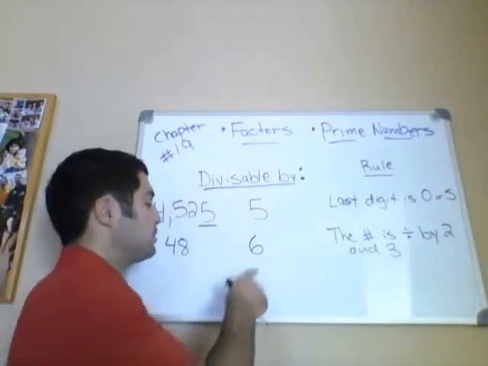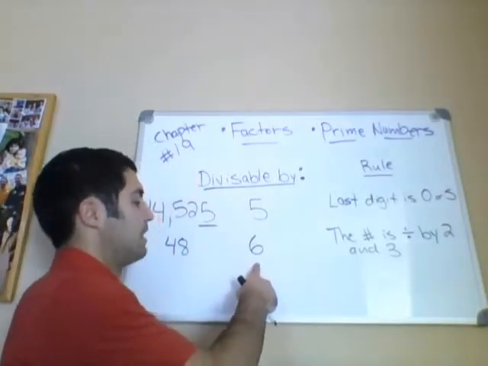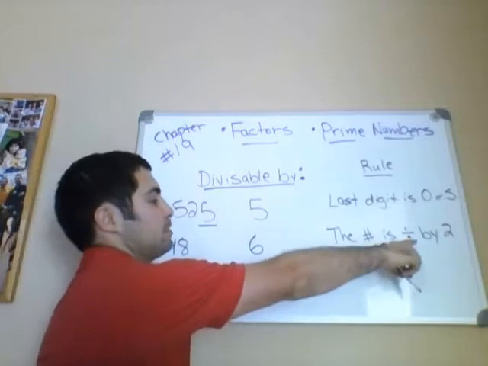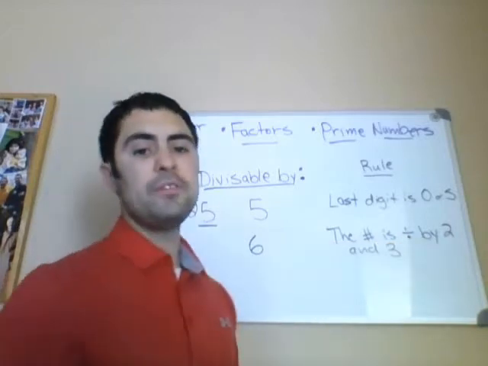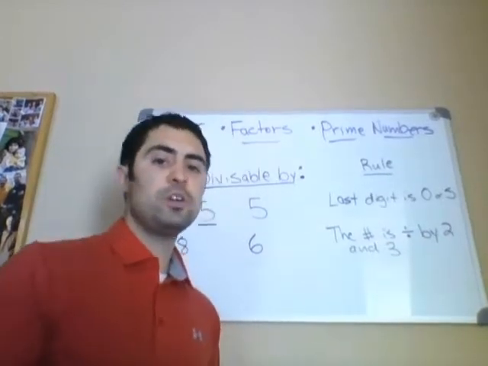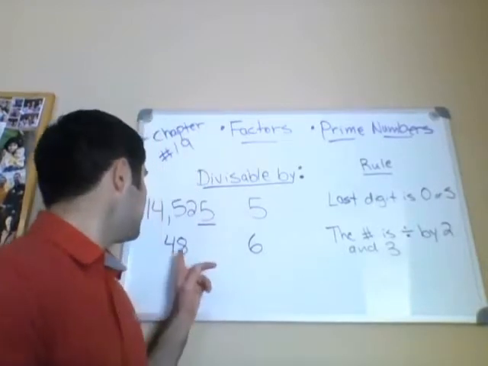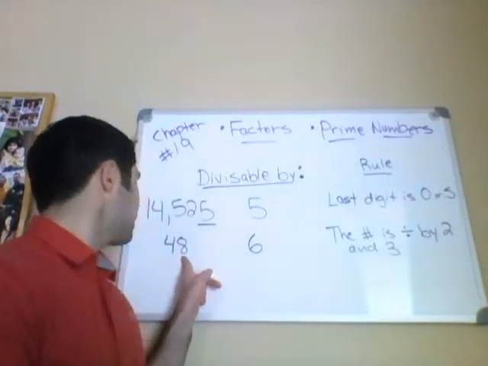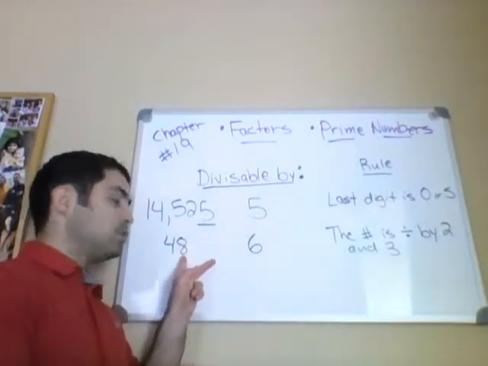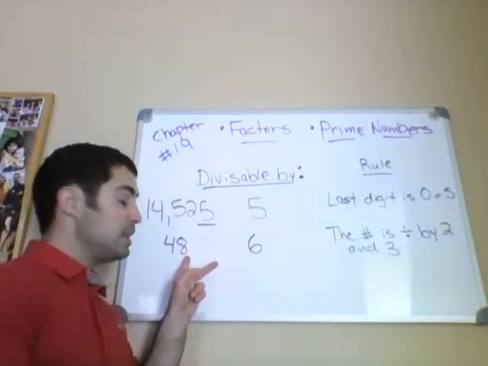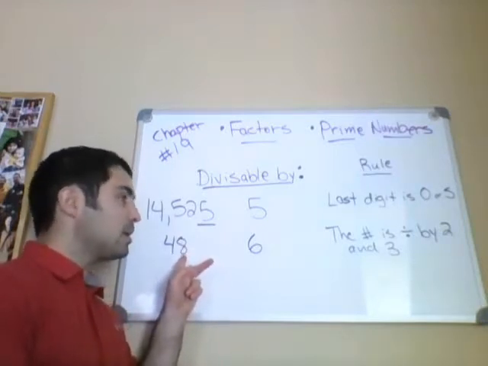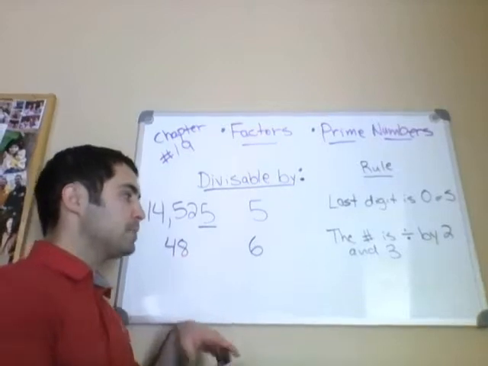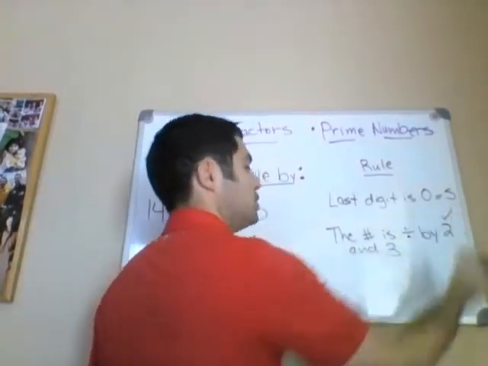Alright, so if the number is divisible by 6, that means the number is both divisible by 2 and 3. So you got to remember the divisibility rules that we just went over a second ago. So those divisibility rules are, does a number end in 2, 4, 6, or 8? And that is correct. 48 is divisible by 2. So check.